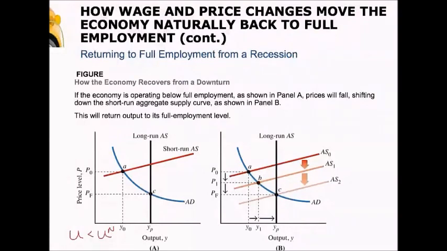And that's going to continue until actual output equals potential output. So this is the automatic adjustment to the long run equilibrium, where output equals potential output, and employment equals full employment, and the unemployment rate equals the natural rate of unemployment. So this is how an economy recovers from a downturn on its own.